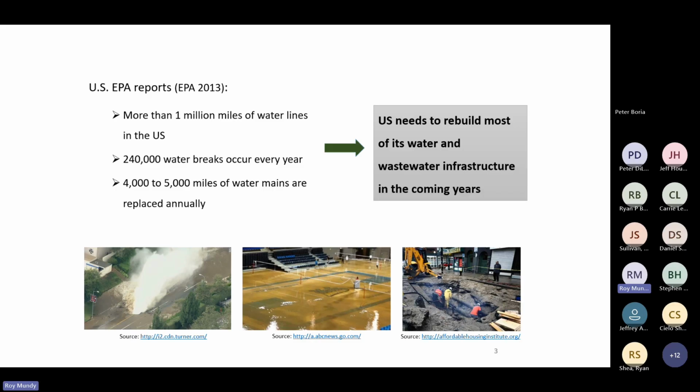I'm sure that everyone, again, on the webinar is very much aware of the vast infrastructure we have in this country, specifically in regard to our drinking water infrastructure. And of course, with that, I tell people that I do a lot of traveling and stay in a lot of different communities and a lot of different hotel rooms.